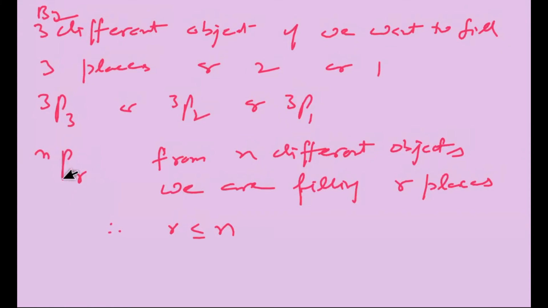And now what is the meaning of this? We can write it this way. Now 3 into 2 into 1, we can write using this symbol. The meaning of 3 into 2 into 1 is this one, and this symbol is known as factorial.